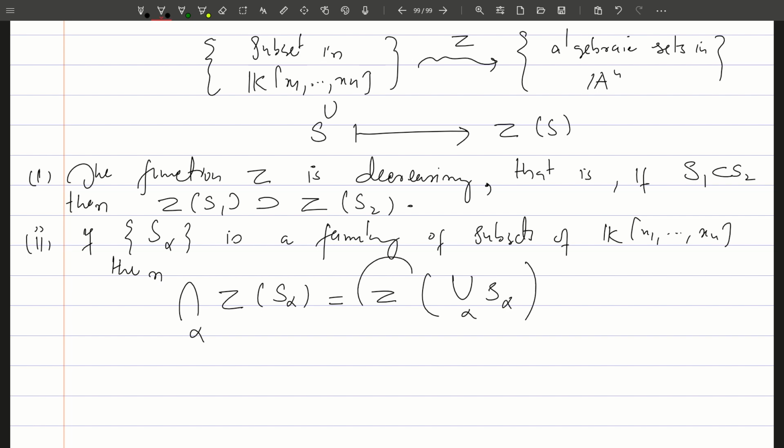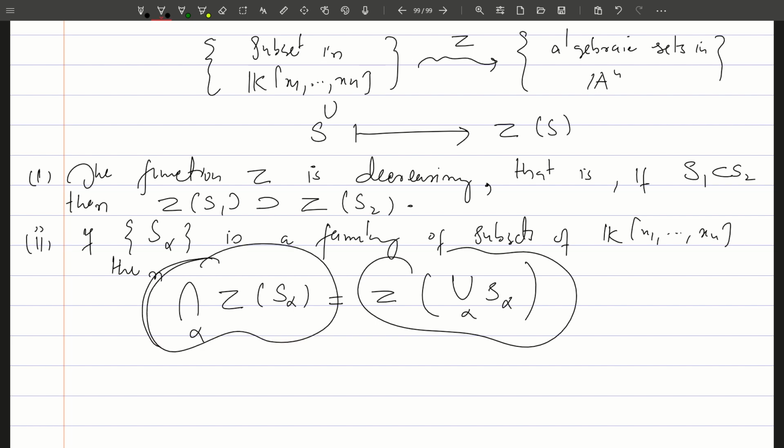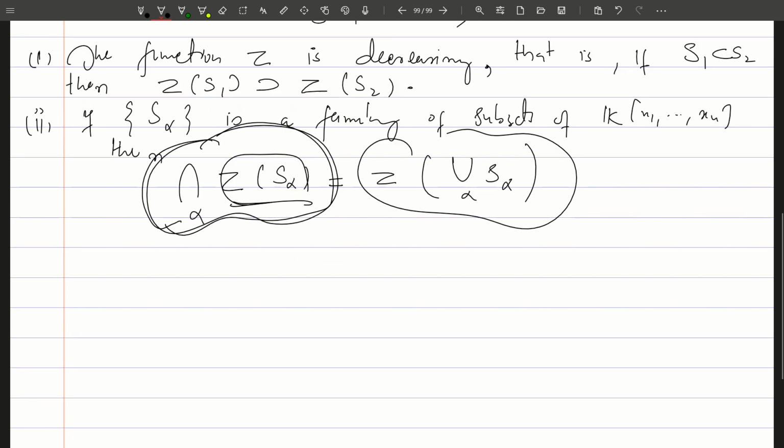So since this is an algebraic set over here, this is also algebraic, and this being algebraic means the arbitrary intersection of algebraic sets is an algebraic set. We also proved that the finite union of algebraic sets is an algebraic set. In other words, if I take the union of algebraic sets Z(S_i), where i goes from 1 to n, then this is an algebraic set.